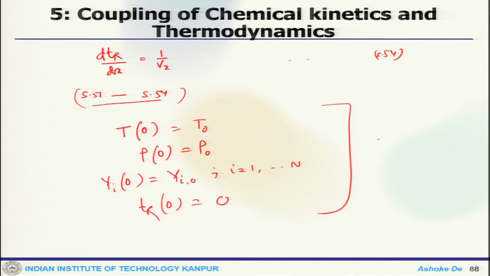So, this is your set of equations from A to T. These are the initial conditions to which all the above equations are exposed, and those equations can be solved based on these initial conditions.